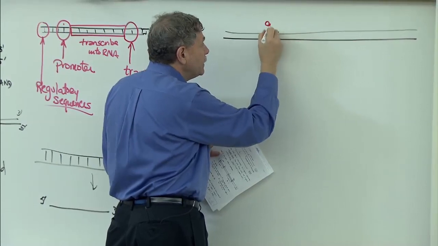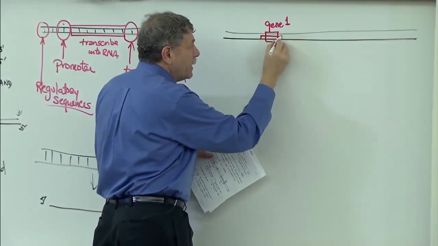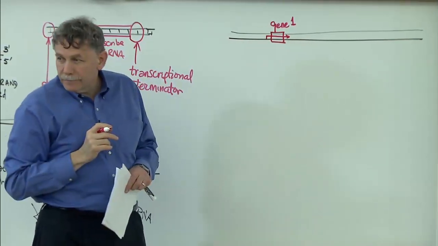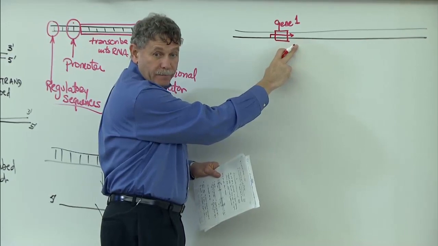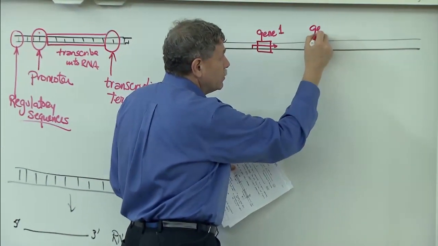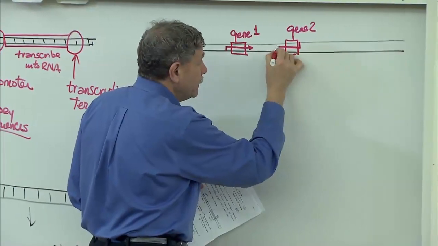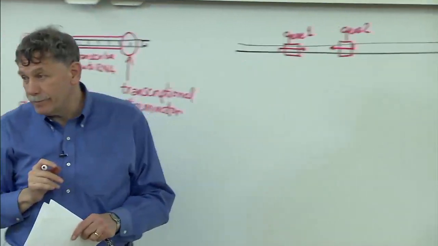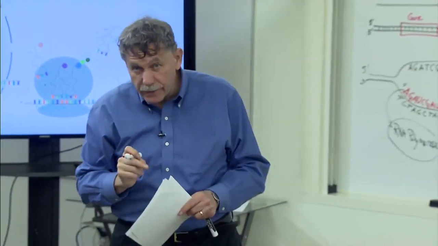That might be gene number 1, and it might be transcribed that way. That is, this is the transcribed strand. But just down the chromosome lives gene number 2. And it might be transcribed in that direction, using the other DNA strand as its transcribed strand.